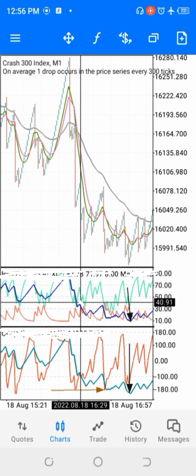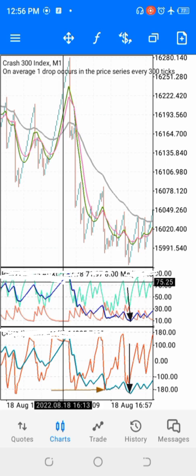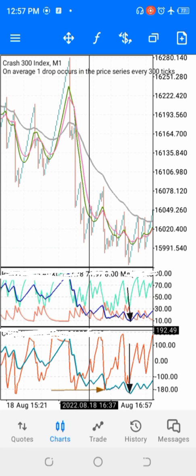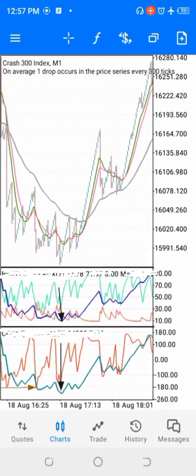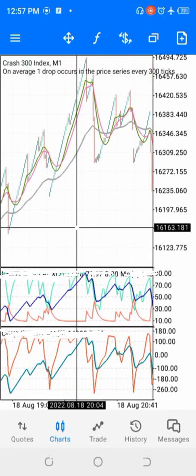That's for the crash. It will touch the ADX at 90. The moment it's about to touch 90, activate your sell, and then it will definitely spike.